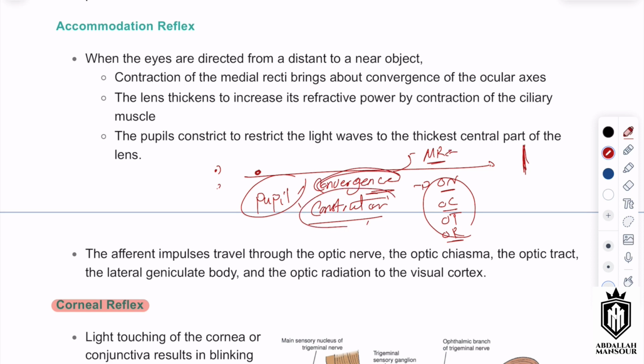All right, and also the pupillary constriction is again oculomotor nerve supply. All right, so this is the accommodation reflex. If you want to define it, it's a convergence plus pupillary constriction on looking from a distant to a nearby object.